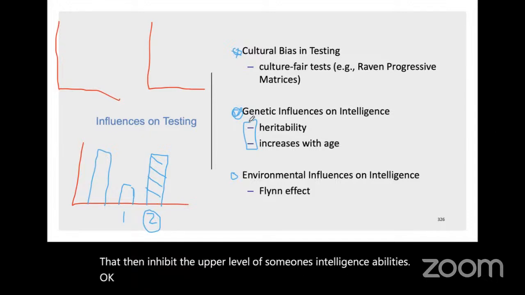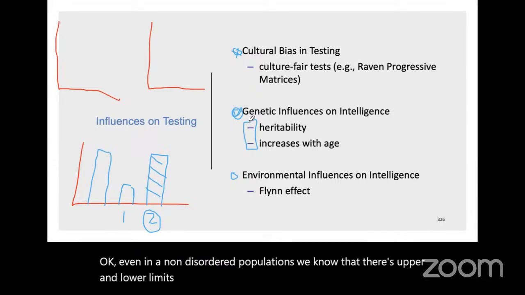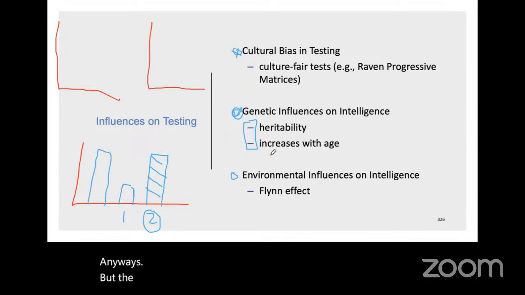Even in non-disordered populations, we know that there are upper and lower limits to intelligence, okay? But the idea is, is intelligence fixed?